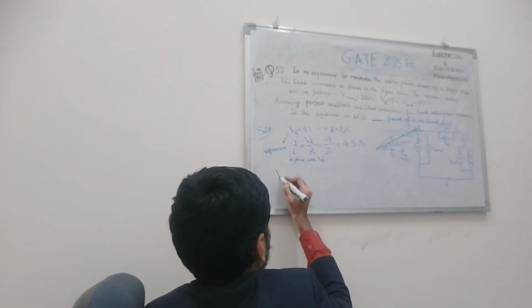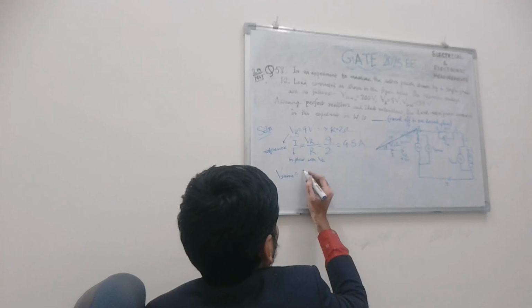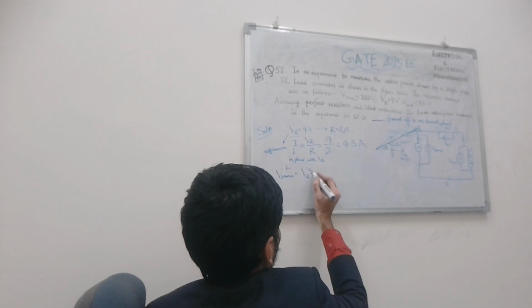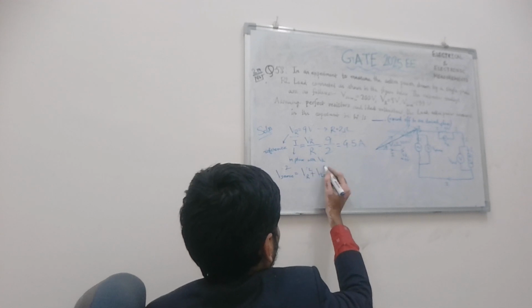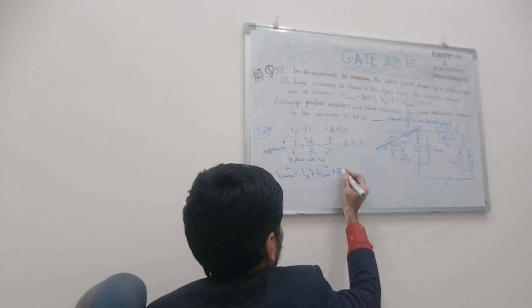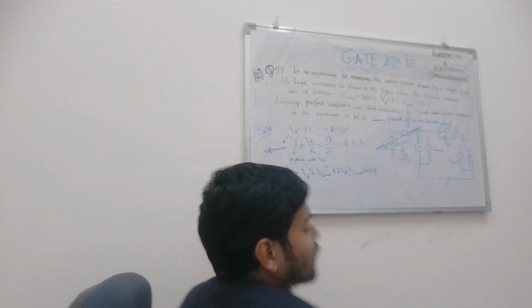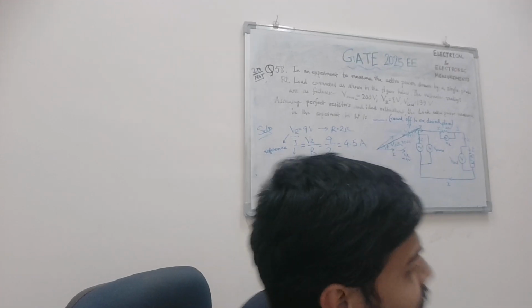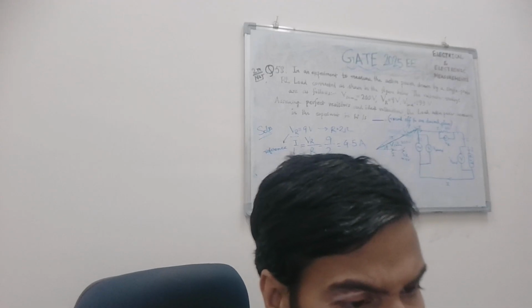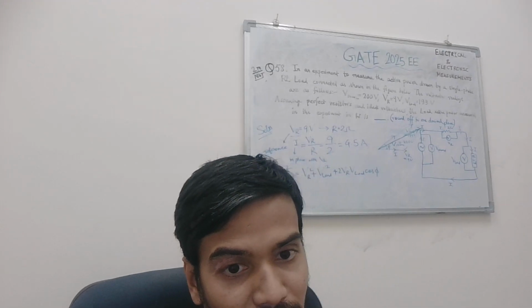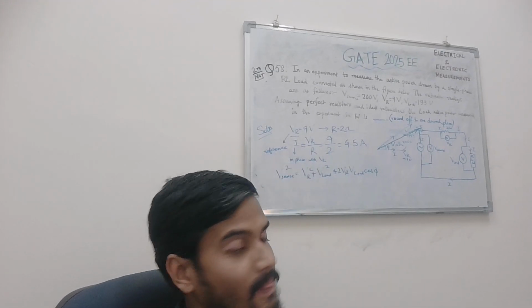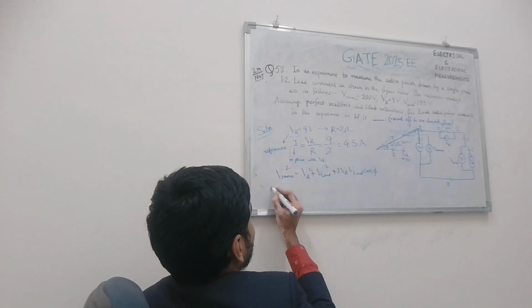How? V source square will be VR square plus V load square plus 2 VR V load cos phi. When I am writing VR and V load here, it means that they are the magnitudes of the voltages, not the phasors, right?